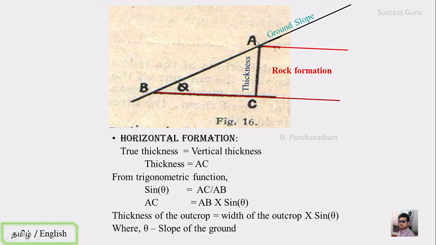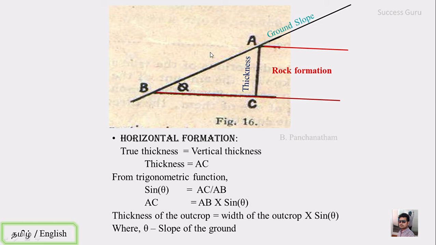As we studied earlier, the width of the outcrop is the distance measured on the surface between its two contacts. This is contact 1 and this is contact 2, the upper and lower contact. This distance is considered the width of the outcrop.